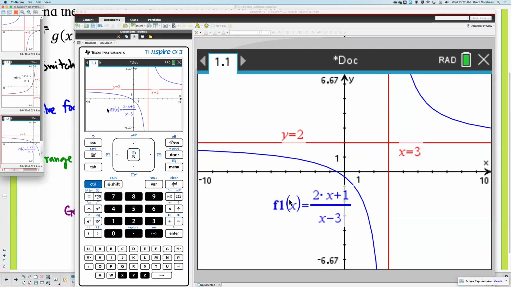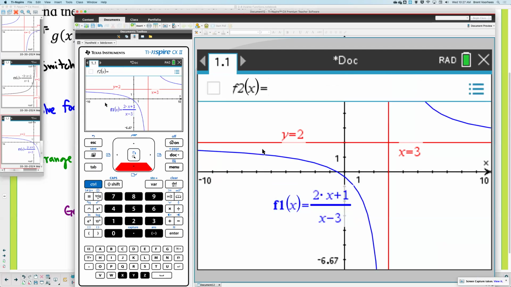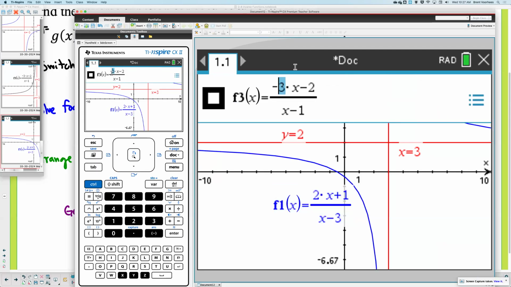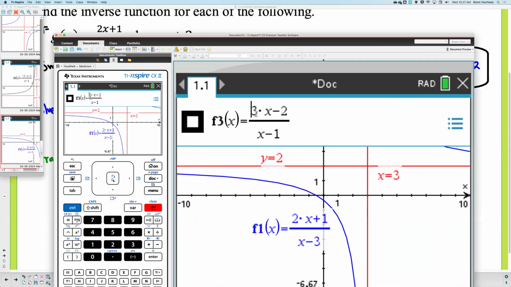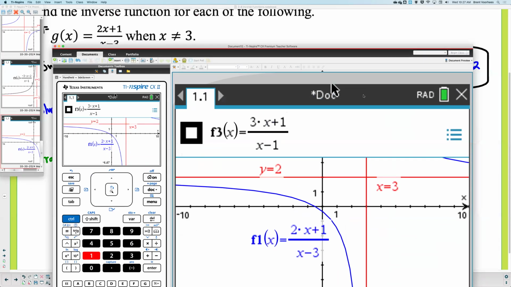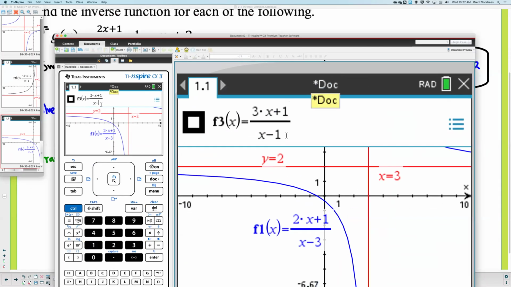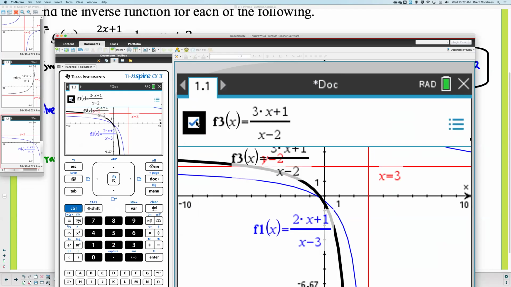So the inverse we had was 3x plus 1 over x minus 2. That's my inverse. I'm going to turn on the inverse, and I'm going to turn this graph off.